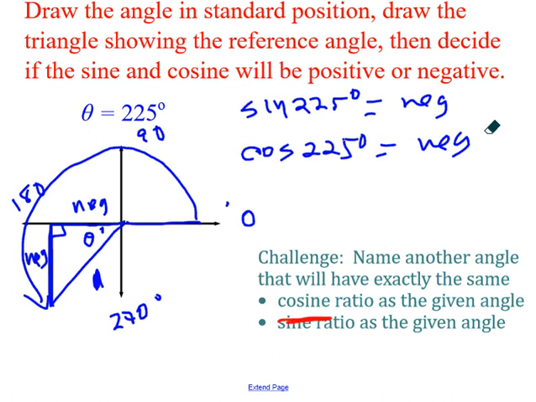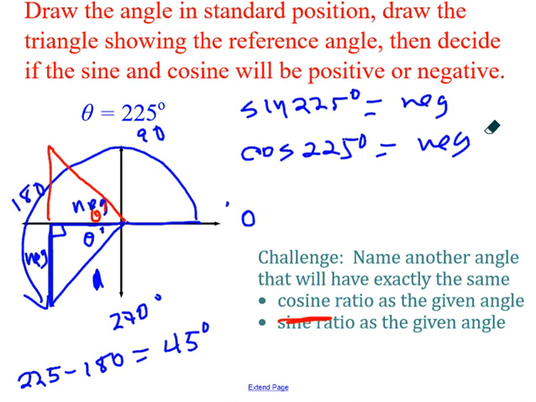And the place that I could go would be still on the left side. I still need my x coordinate to be negative. So I'm going to pick an angle that's the same size reference angle. So I need to figure out what was my reference angle in this first one. When I was at 225, how far past 180 did I go? So I can quickly do 225 minus 180.